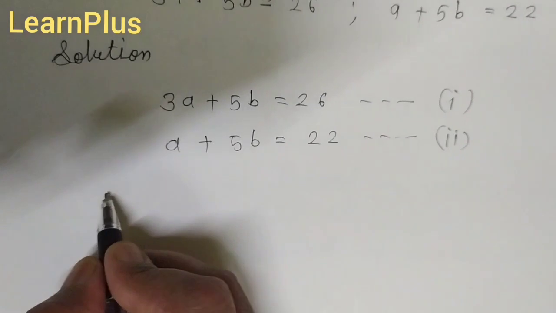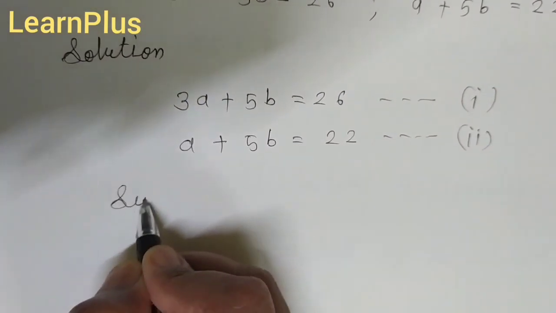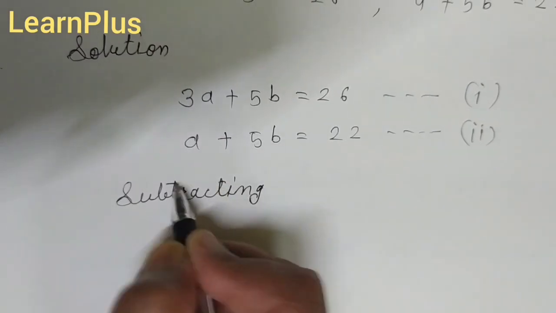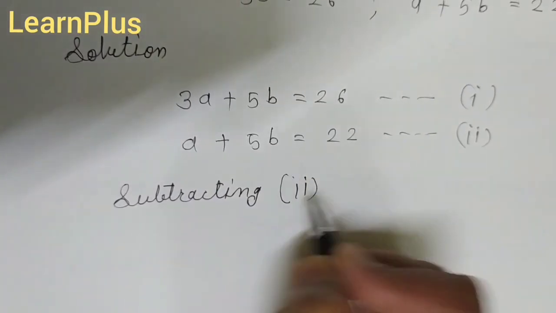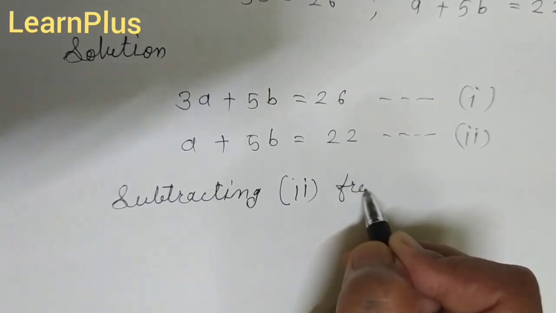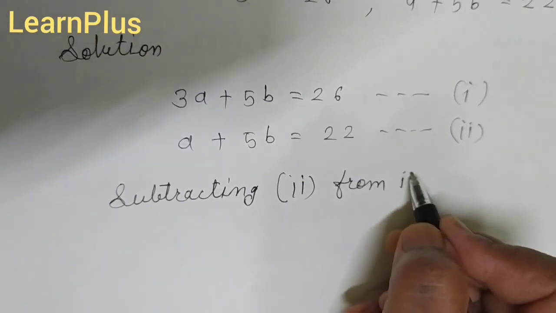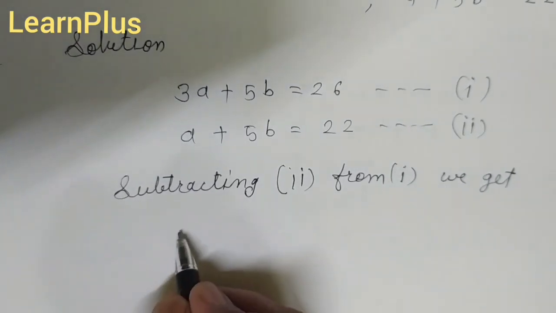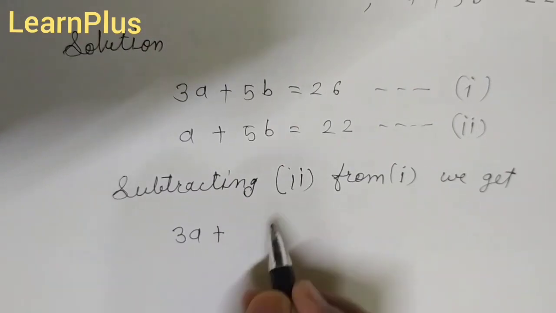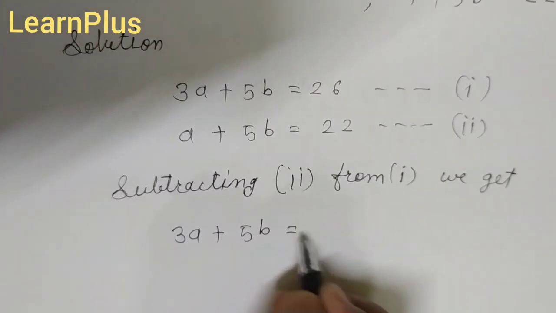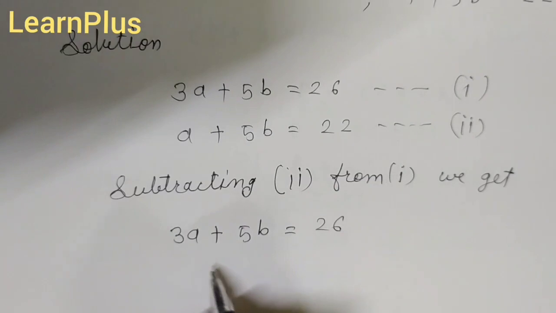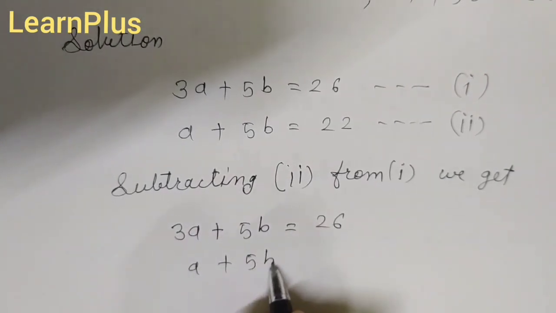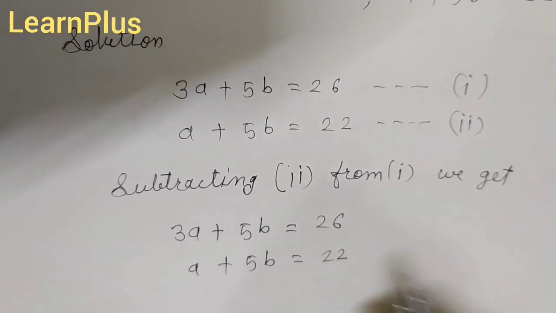Now here we'll do subtracting. Means here subtracting second from first. Then we get, see here we will write 3a plus 5b is equal to 26. And here second is there, a plus 5b is equal to 22.